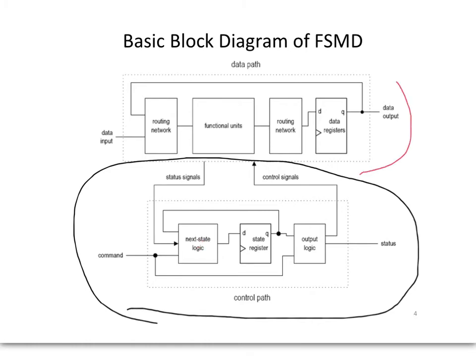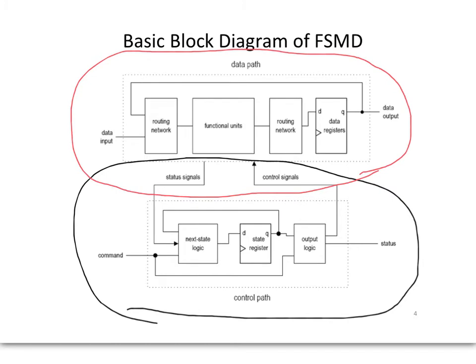Looking up in the top, we have the data path, the part that distinguishes an FSM from an FSMD. The data path is where the data is being processed, and the controller that handles whatever needs to be done is in the bottom.